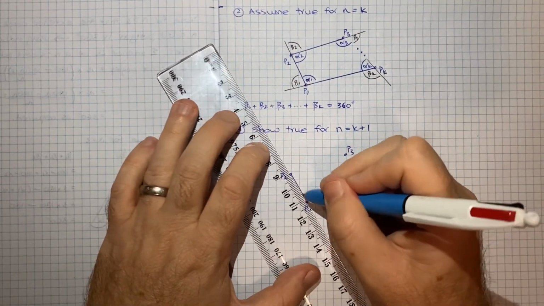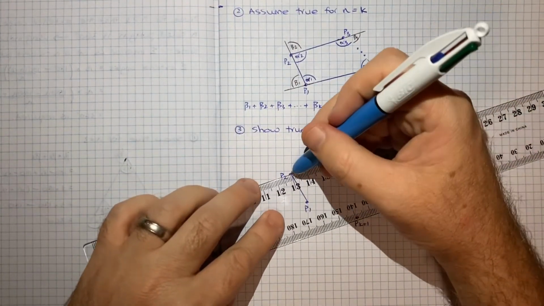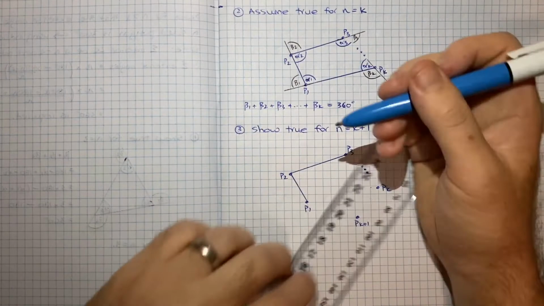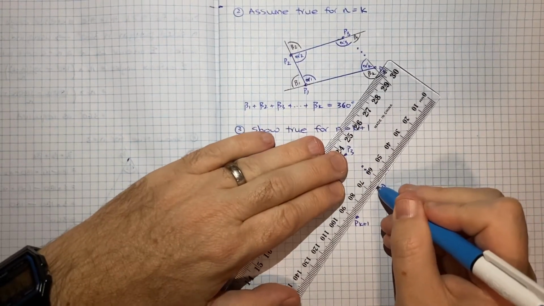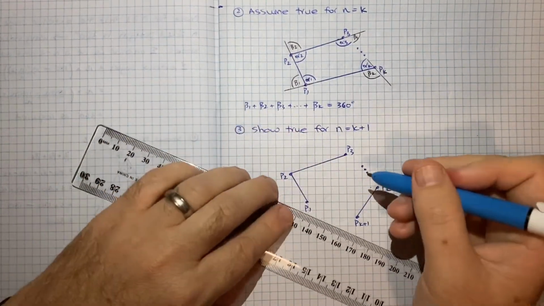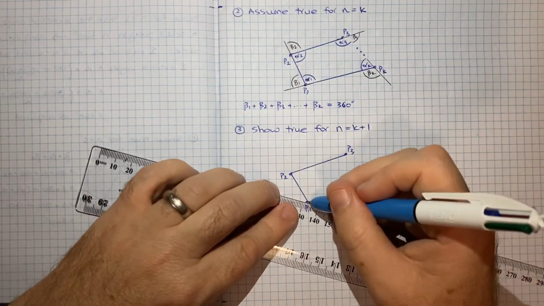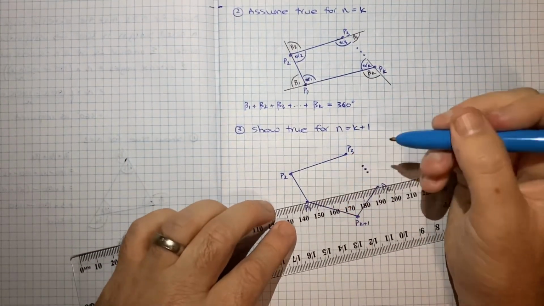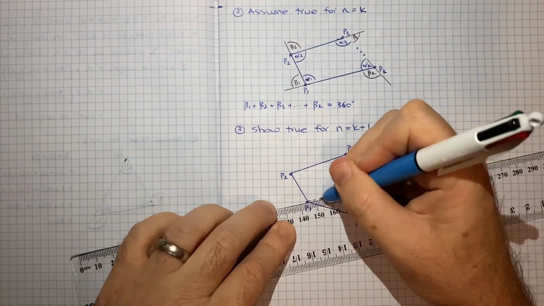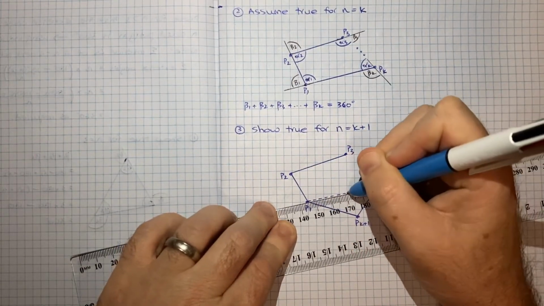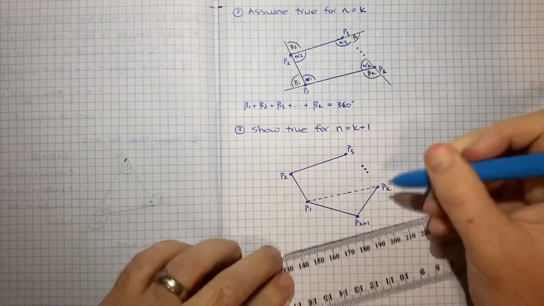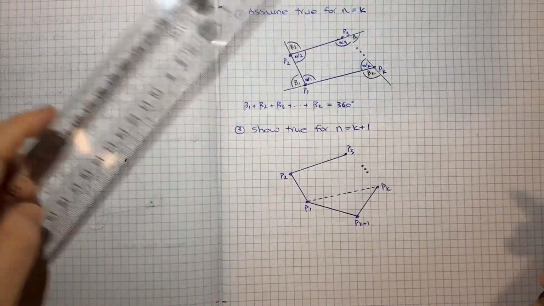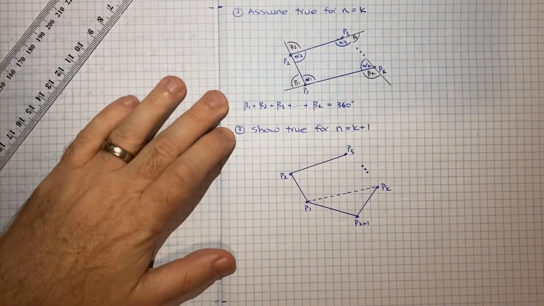So let's join up these points. We can join PK to PK plus 1, and then PK plus 1 back to P1. What I might do is a dashed line here to help remind us what we were dealing with when there were only k points, when there was a k-sided polygon.